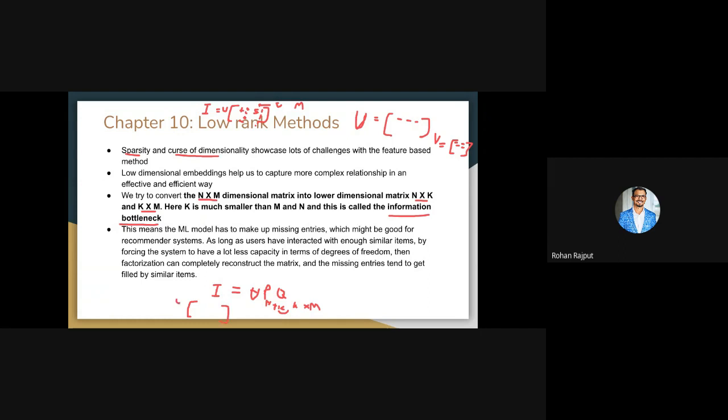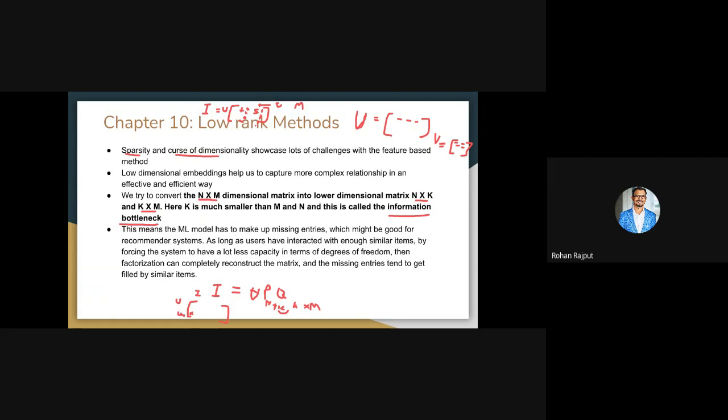Initially, if we have this U and I, and we recreate the matrix with the multiplication of these low-rank matrices, suppose we did not have an item rating for user 10. While recreating, we can actually generate an approximate rating for this user with respect to item I, and that helps us predict a rating for item I from user 10.